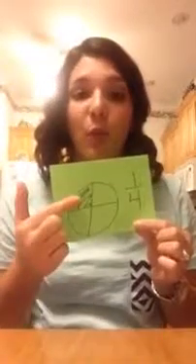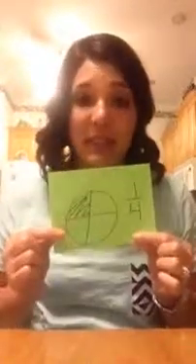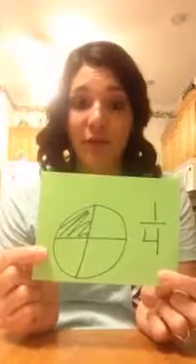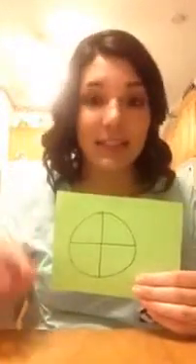Is everyone done? Okay, we have 1 out of the 4 pieces that is shaded. Is this correct? Does this look like 1/4? Good job. Okay, we're going to do one more example, and then we'll be able to draw our own fractions on your own, and I'm going to walk around and help you guys and make sure you're understanding the concept.